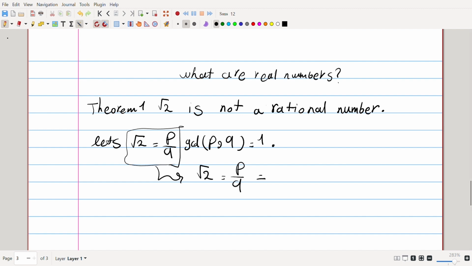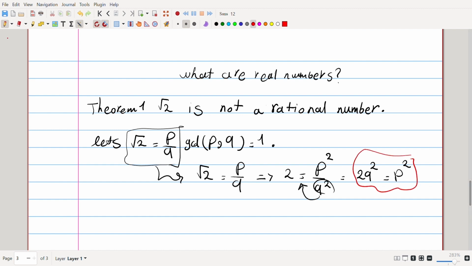Let's take both sides of the equation to the power of 2, and we get 2 equals p squared over q squared, and then taking the q squared to the other side we get 2q squared equals p squared. And that equation right here is going to solve all of our problems.